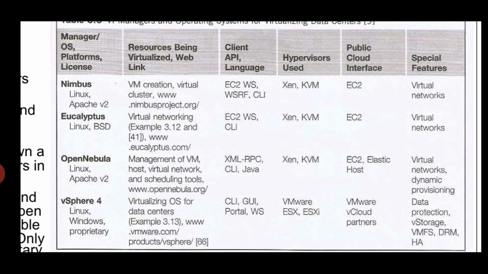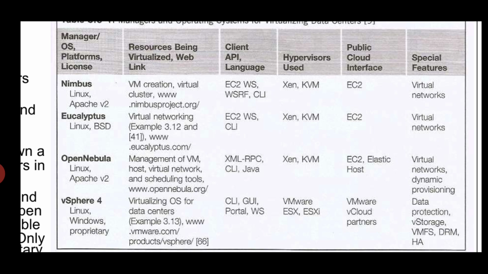Eucalyptus is an open source software system mainly intended for supporting infrastructure as a service clouds. The system primarily supports virtual networking and the management of virtual machines; virtual storage is not supported here.